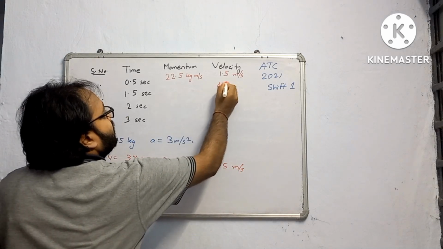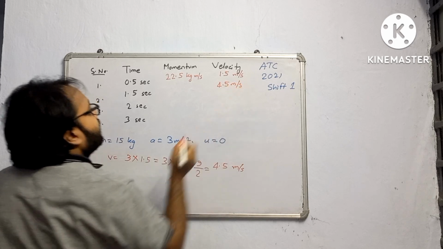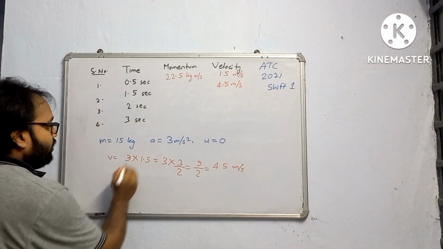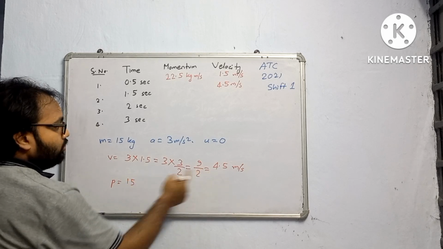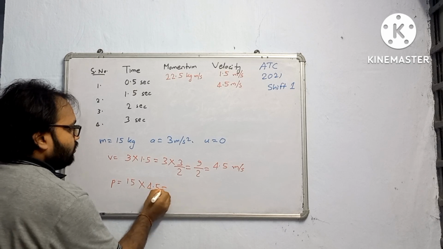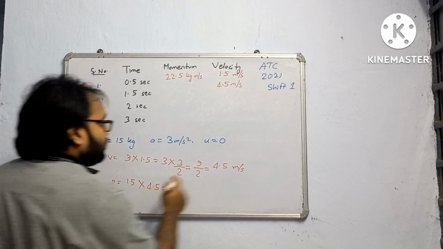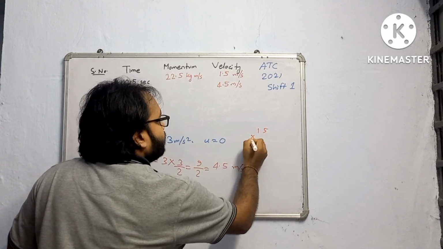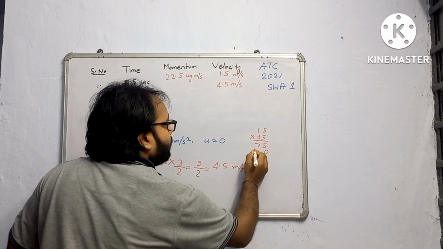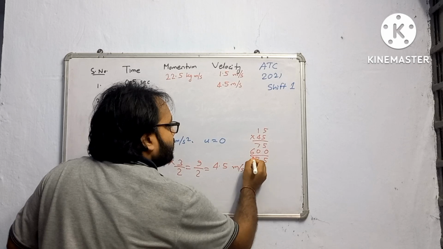Here velocity will become 4.5 meter per second, and momentum P is equal to mv. 15 into 4.5, calculate how much it is. 15 into 45. 15 5s are 75. 15 4s are 60. 5 7 6.